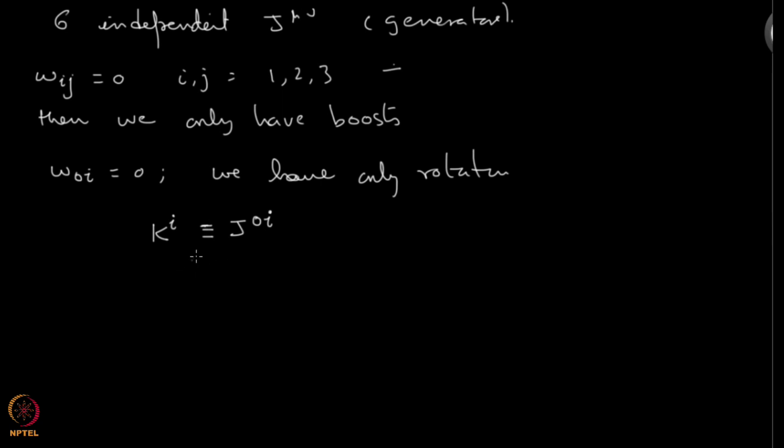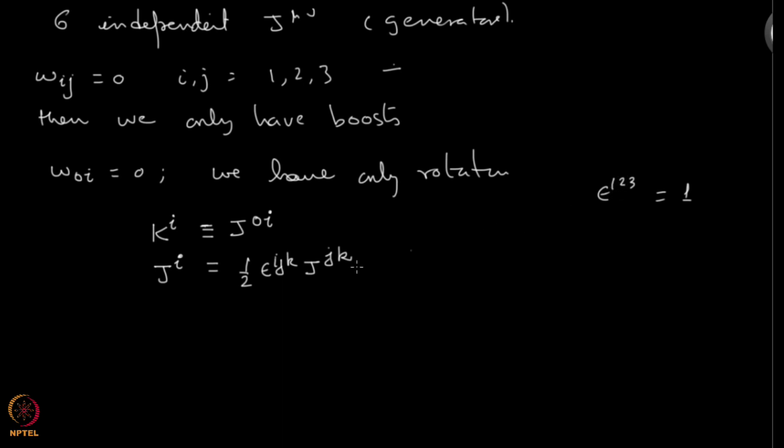And also, J_jk, these ones are generating rotations. So, these ones I will define to be J_i = (1/2) ε_ijk J_jk, where ε_ijk takes value 1 when ijk are 1, 2 and 3, and let me write down, ε_123 is 1, and every time you interchange any two indices, you pick up a minus sign.